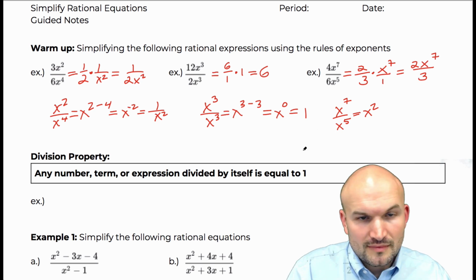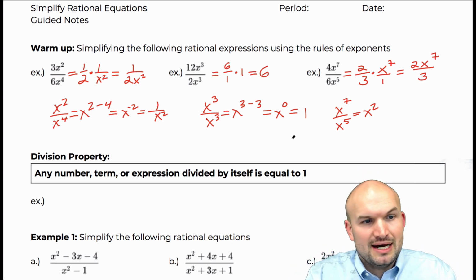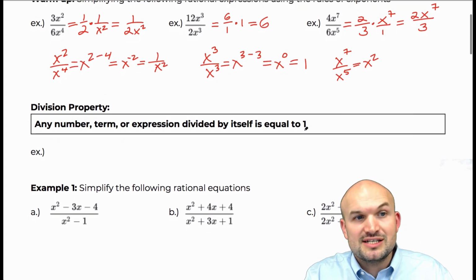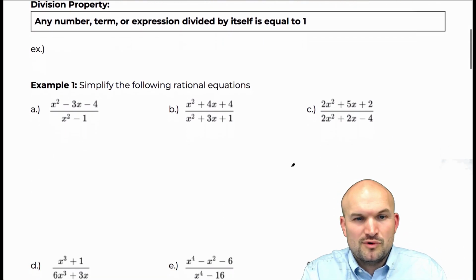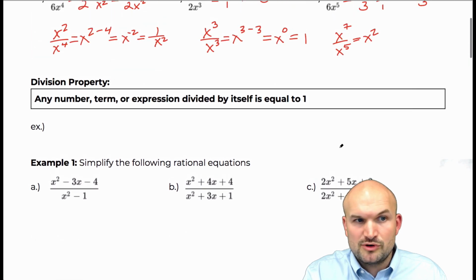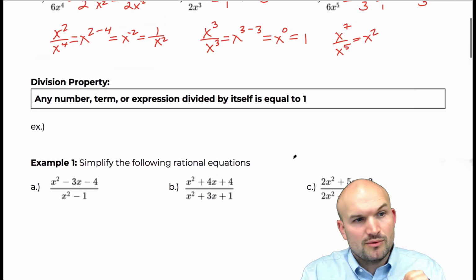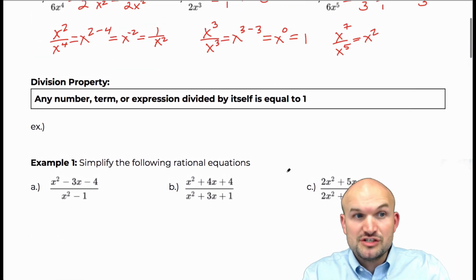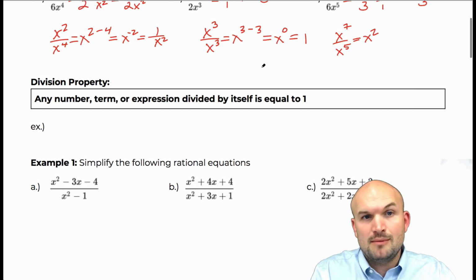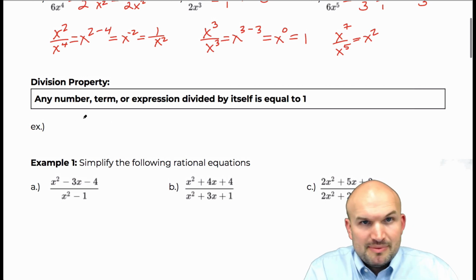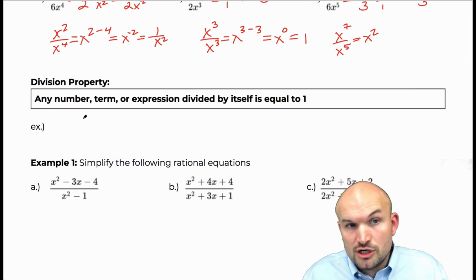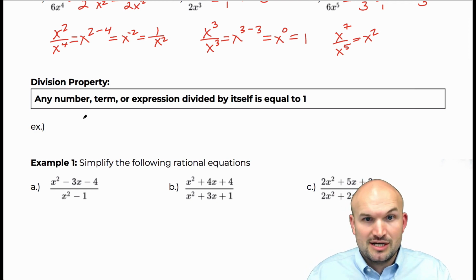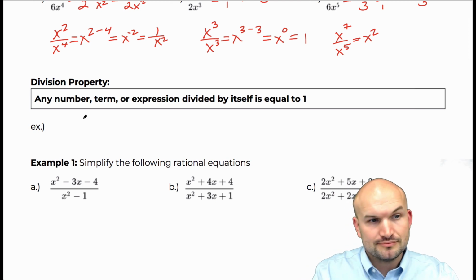The next thing I want to discuss is that we used the rules of exponents here, but we're not really going to be using them for the simplifying of rational expressions we'll be working on. The main thing we want to remember, or at least understand, is the division property. This property did come up in the previous problems. The division property states that whenever you have a number divided by itself, or a term divided by itself, or an expression divided by itself, it equals 1.